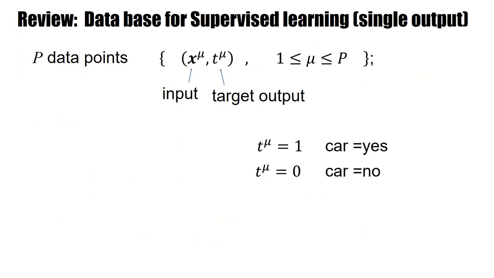As always, we have a database of supervised learning in the context of classification, where we have pairs of inputs and target outputs. And in a classification task, a value t mu equal 1 may mean that this specific input pattern x mu is a car. And we have p patterns of this type.